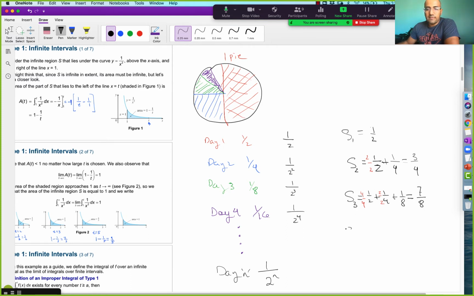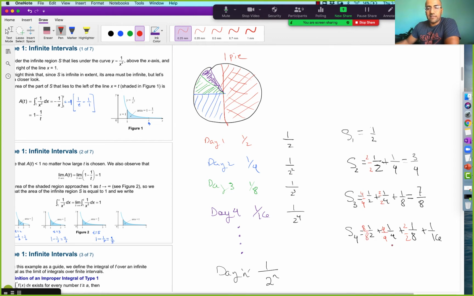Okay. On day 4, we get that this is going to be the day we ate half, and then also we ate a fourth, and then also we ate an eighth, and then also we ate a 16th. Right? The running total, the partial sum. Common denominator in this case is going to be 16, so multiply this by 8 over 8, multiply this by 4 over 4, multiply this guy by 2 over 2.